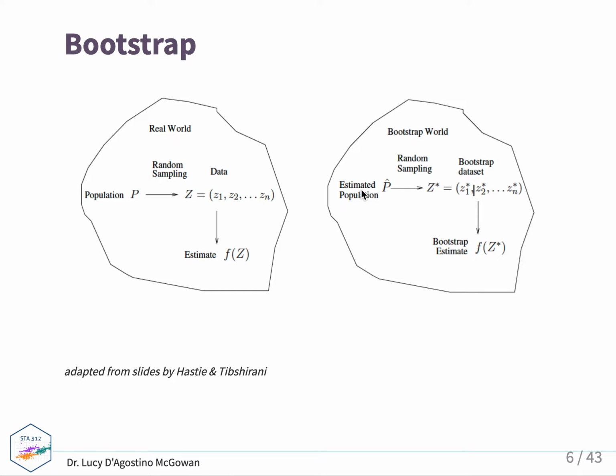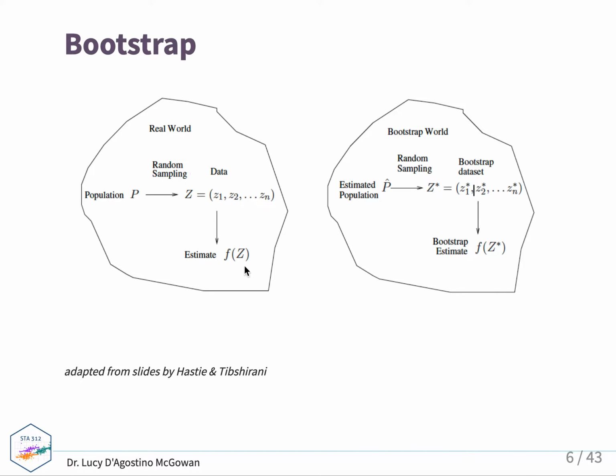So we're pulling ourselves up by our own observed data in some sense. Here's a picture, from slides by Hastie and Tibshirani, to get at what we're trying to estimate here. In the left part of the picture, we've got a real world setting, with some population, P, and we randomly sample from that population.